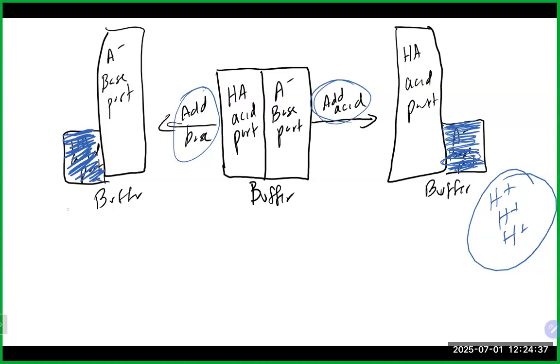Once again, as you continue to add the base, you will eventually blow through the acid part and just start adding OH minus, and you will then see a really big rise in the pH. So you can blow through your buffer if what you're adding is too strong for the buffer you made, or if you just keep adding it. Where's a real life example of you just keep adding it? You did this when you do a titration.